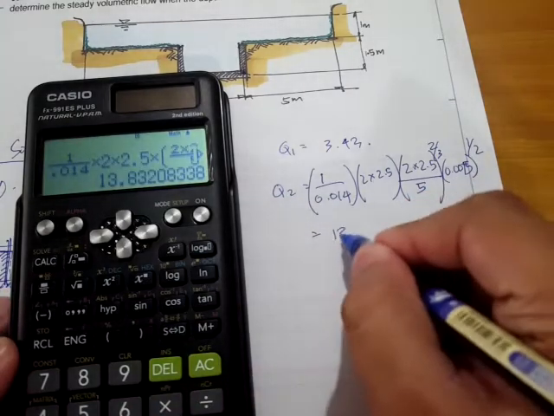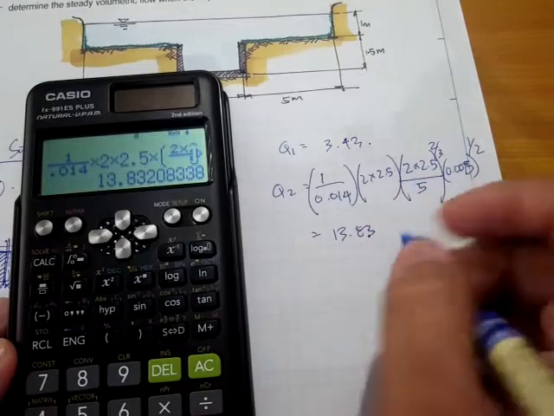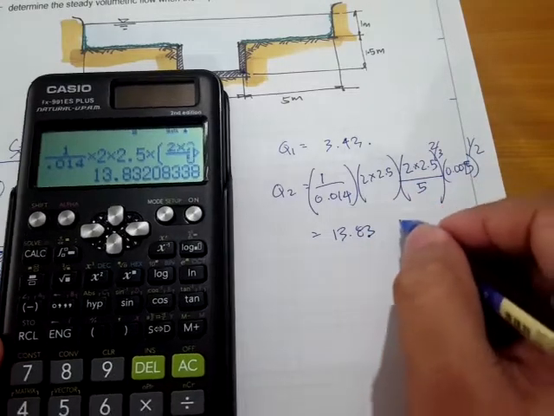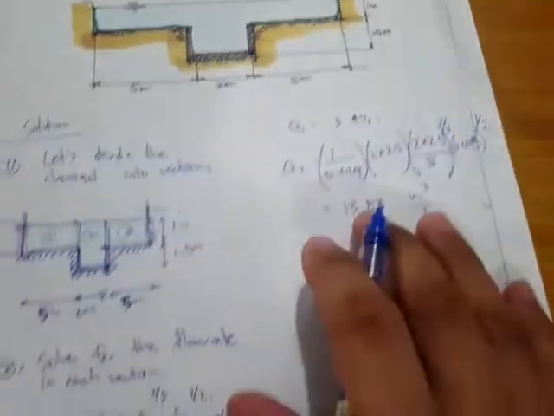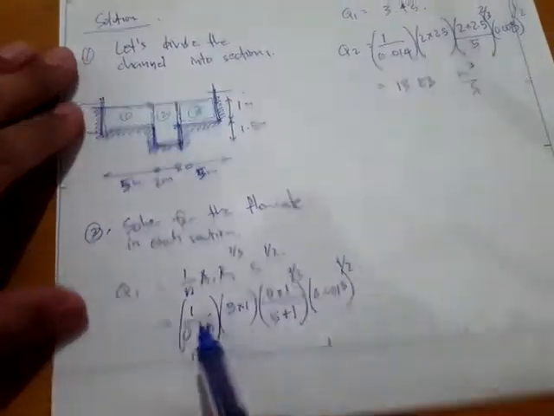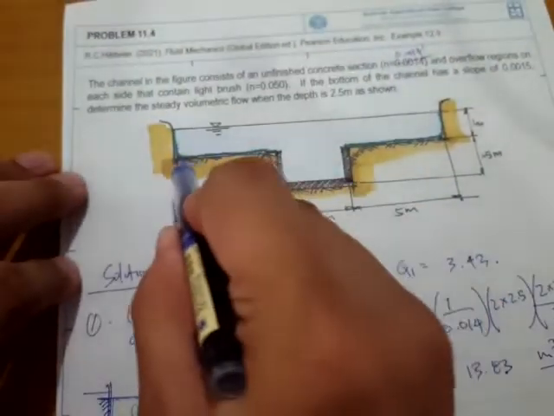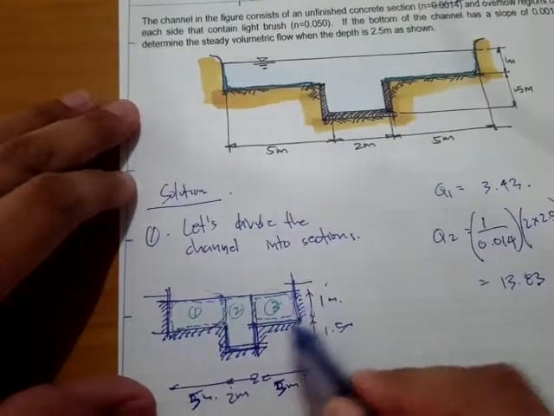And this one is 13.83 cubic meters per second. Okay, so this Q sub 1 is the same as Q sub 3 because they are symmetrical.